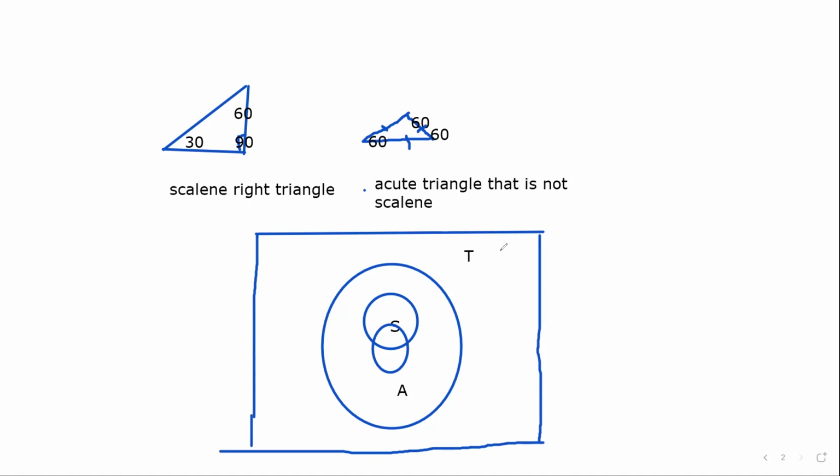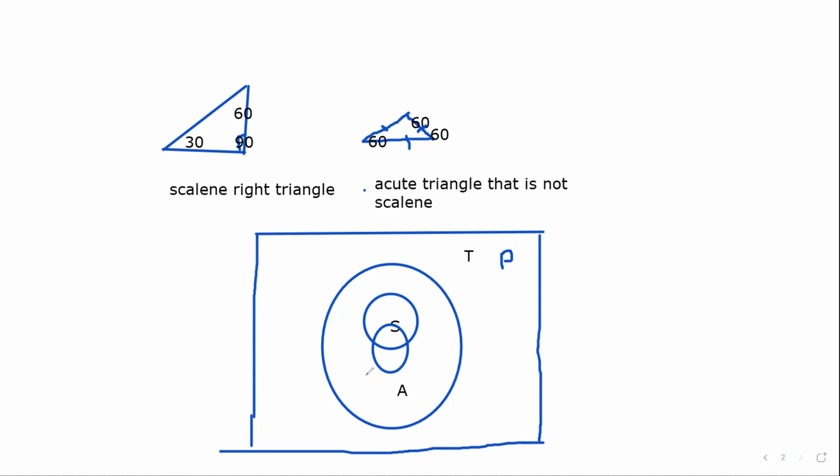So this is your universe P for polygons again. And again, there's other polygons out here. You don't have to name those other sets. They just want the relation. This is not a huge part of this.